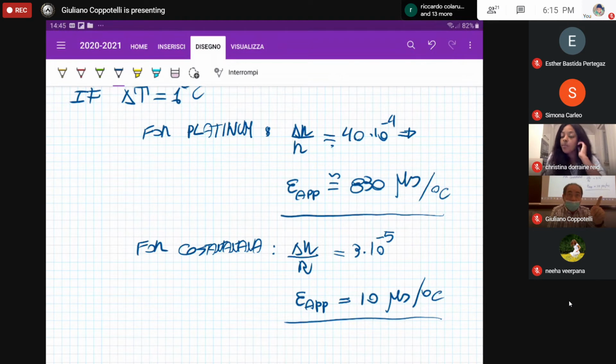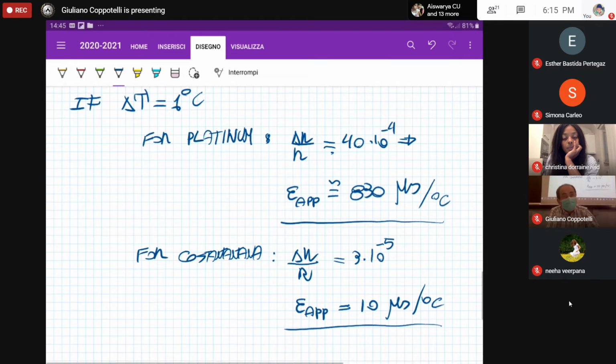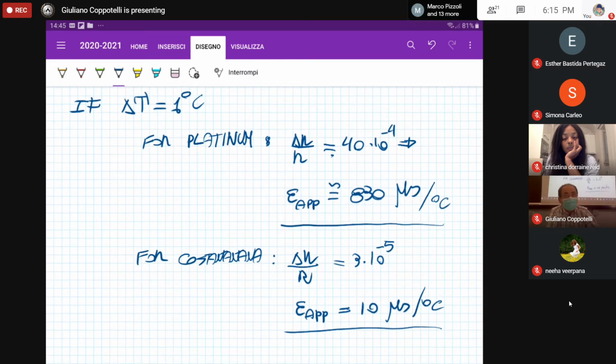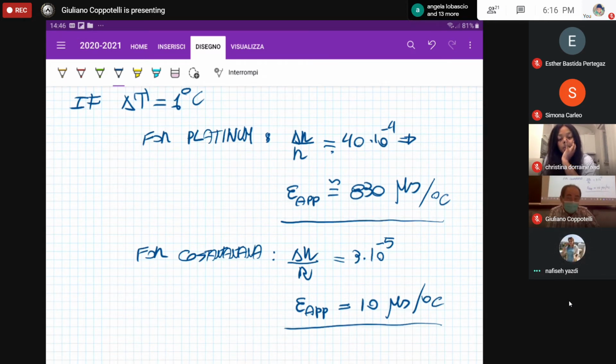We have to use a different alloy, platinum in this case, but we can do this. And actually, if you go to your preferred reseller of such a kind of transducer, they can offer you both strain and temperature measurement devices based on the resistive strain gauges as the one that we are referring to. However, for our analysis, for strain gauge measurement, we are using alloys similar to the Costantana one. Question?